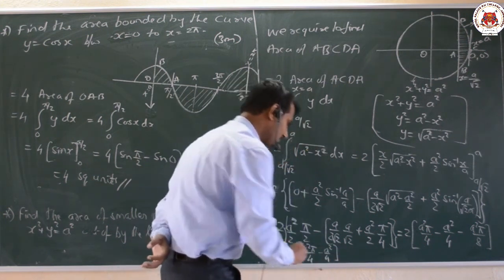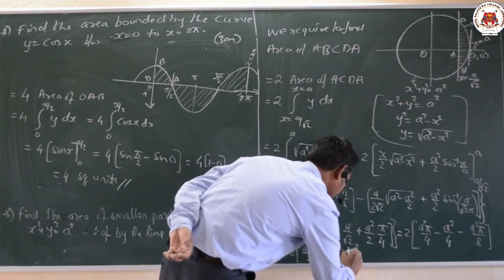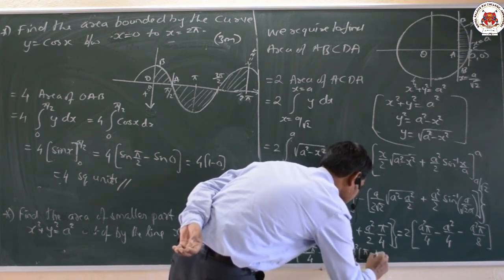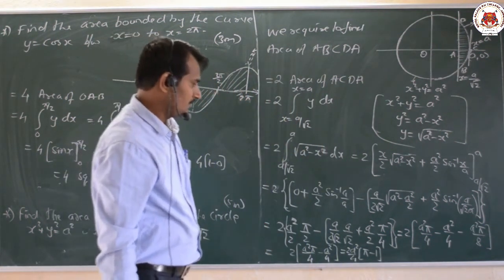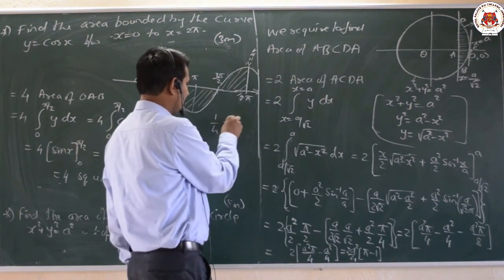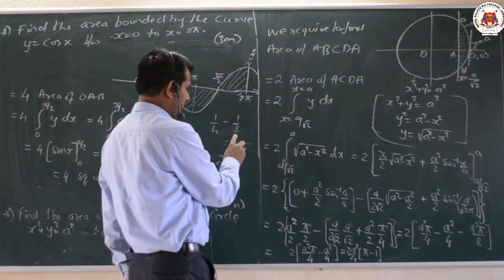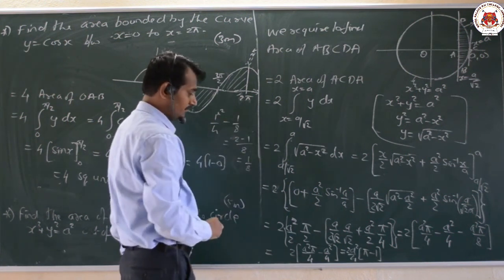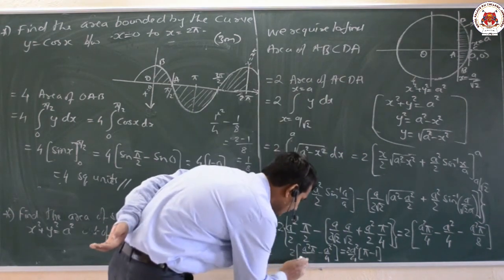If you take a square by 4 common, the remaining part is pi minus 1, and that will be our required result. If you want, you can take the LCM: a square pi by 4 minus 1 by 8, that is 1 by 4 minus 1 by 8, the LCM will be 8, that is 2 minus 1, which is 1 by 8 value.